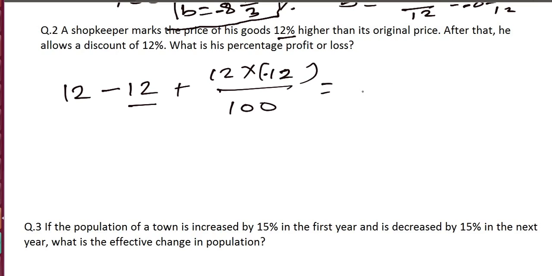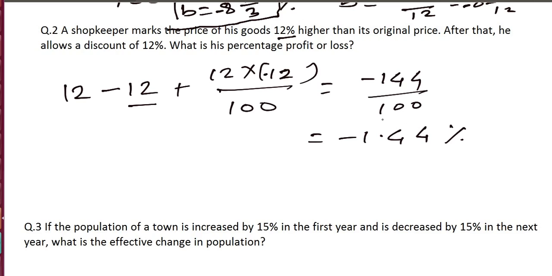So let's calculate this. 12 will cancel this 12, so it is minus 144 by 100. So that is nothing but minus 1.44%. So the effective change on the cost price is minus 1.44. There is a loss of 1.44%.